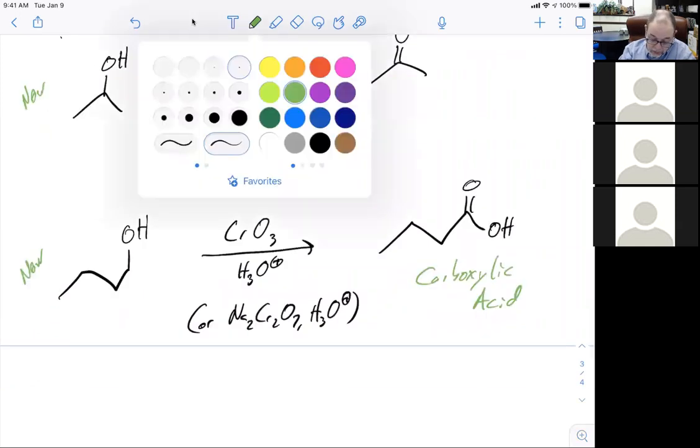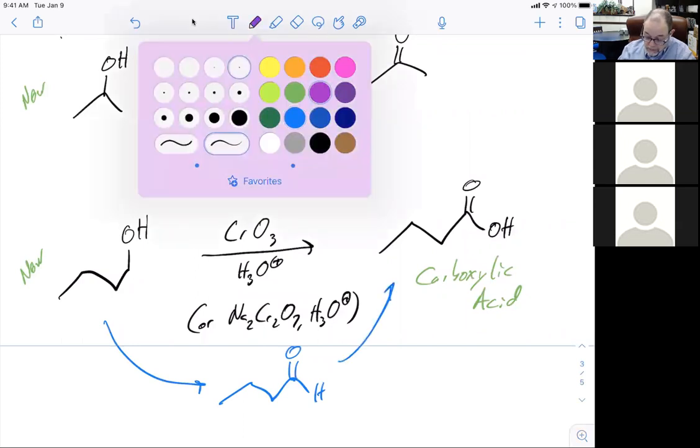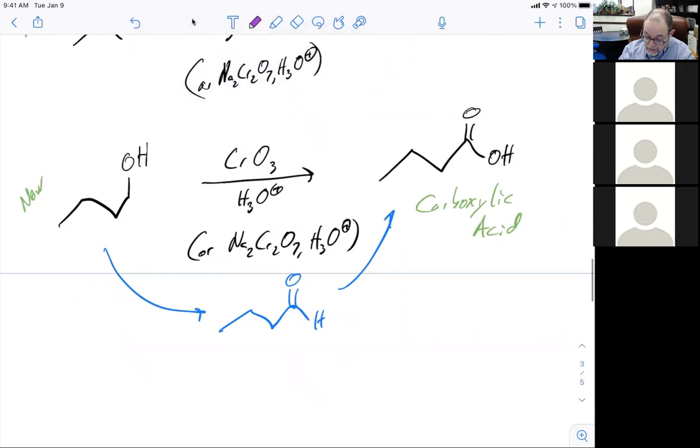Now the process does go through the aldehyde. But it's not easy to isolate the aldehyde. It has been done to prove that the aldehyde is the intermediate between these two steps, but it's not something synthetically that can really be done.